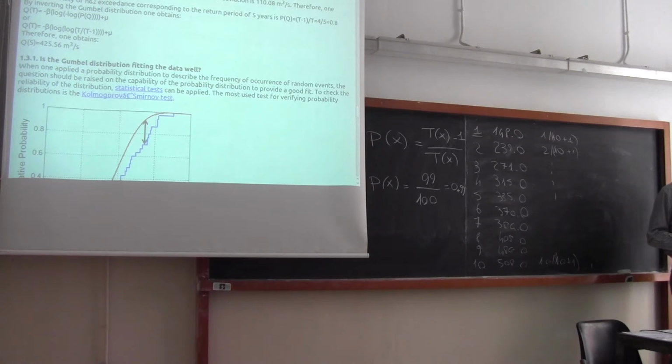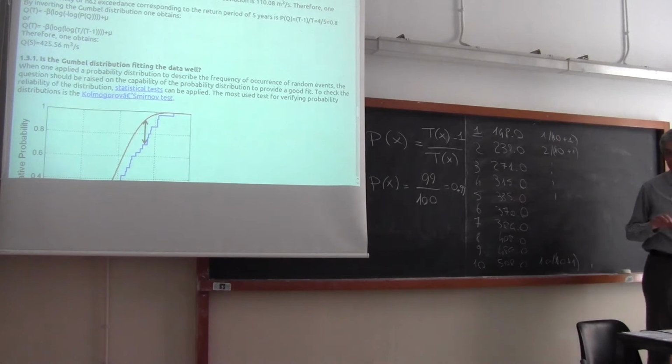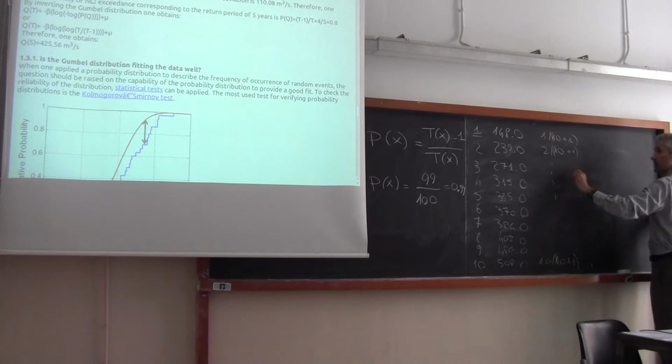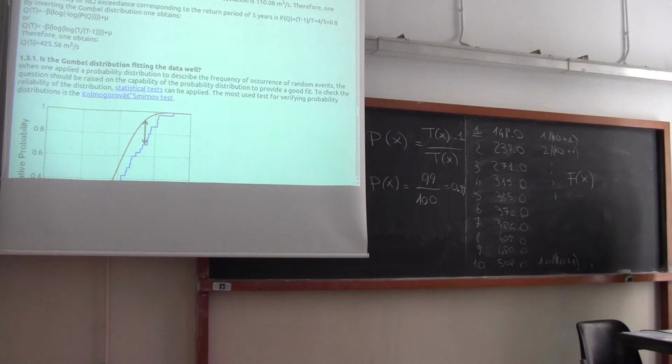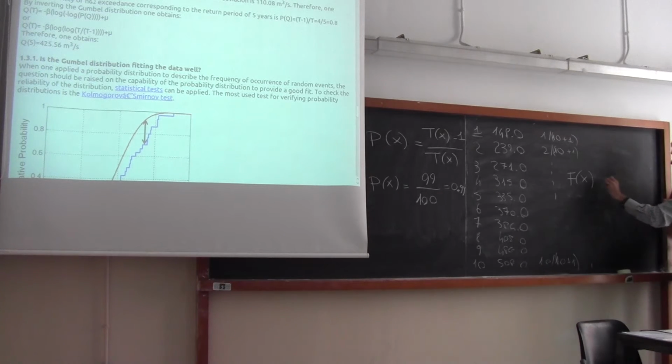Now, the idea of the statistical test is to compute the difference between the frequency of not exceedance, let me call it capital Fx, which is just computed on the data. It's only a data analysis. Let's compute the difference between the frequency of not exceedance and the probability of not exceedance given by the Gumbel distribution.